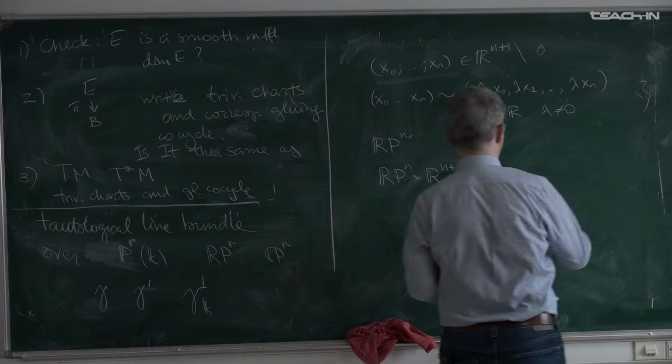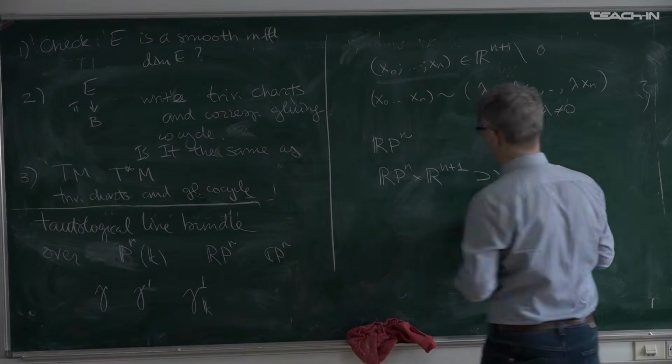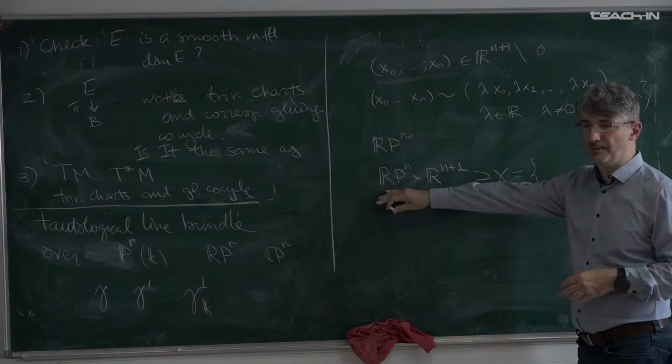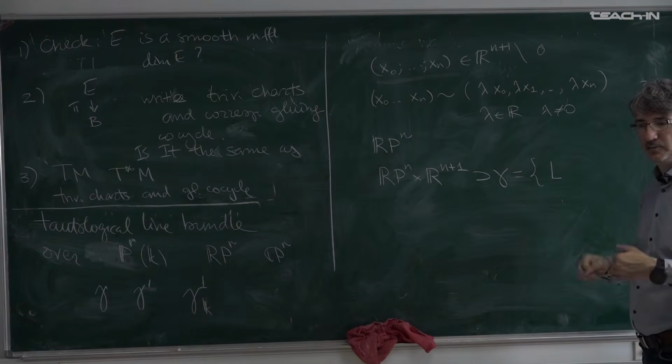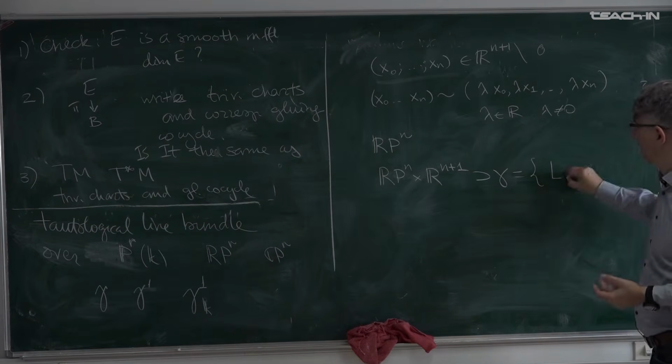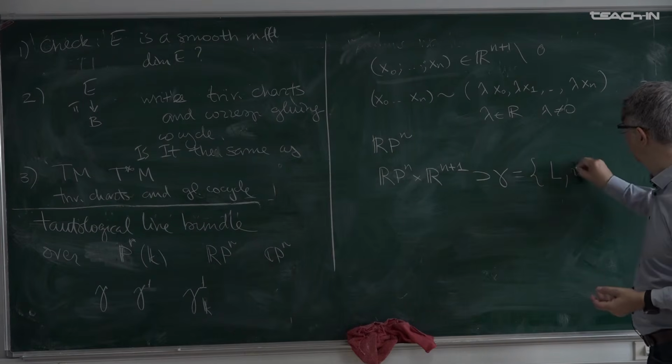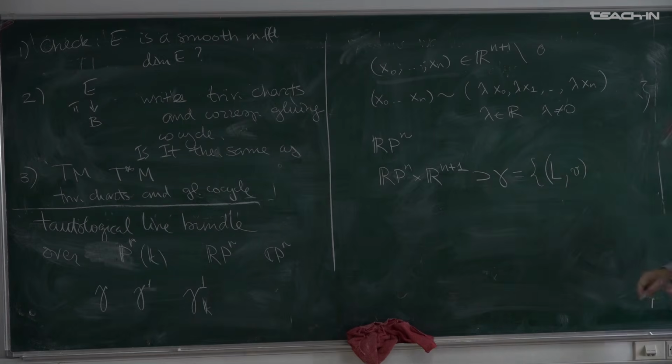Gamma sits inside, and it consists of the following. A point in Rpn is a line, yes? A line which passes through 0. And also we have a vector. Now I impose a condition. The condition is v belongs to the line L. That's all.